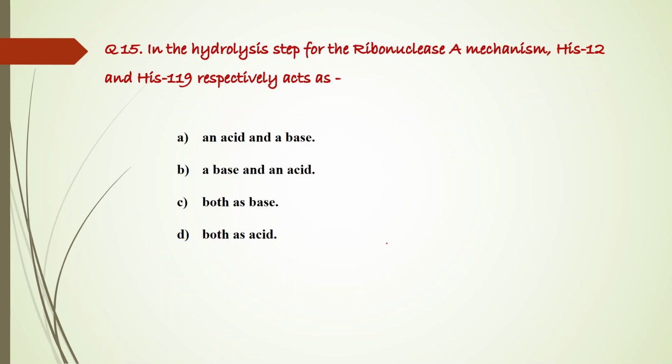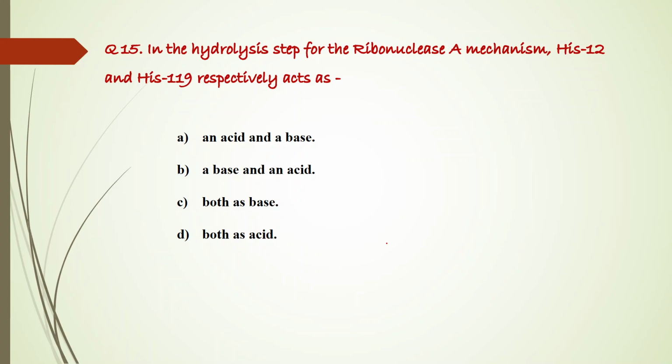Fine. This is saying, in the hydrolysis step for ribonuclease A. So now we are moving to ribonuclease A. What is their role? They basically cleave RNA molecules. In ribonuclease A, histidine 12 and histidine 119 respectively act as what?